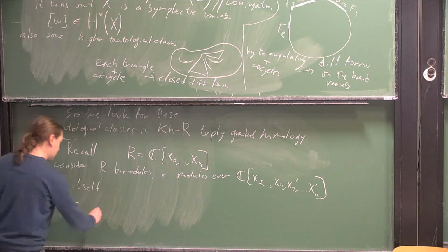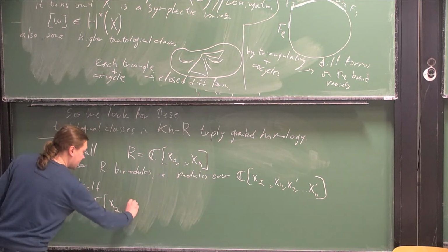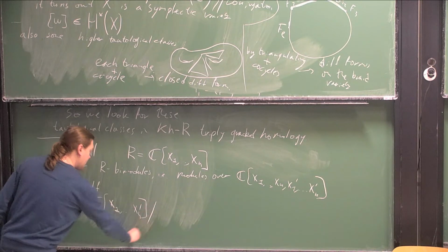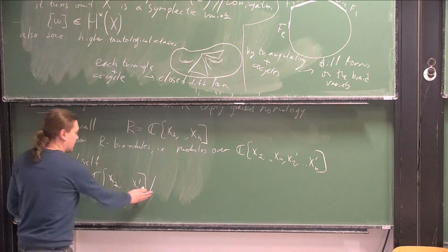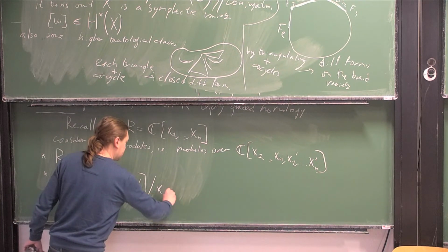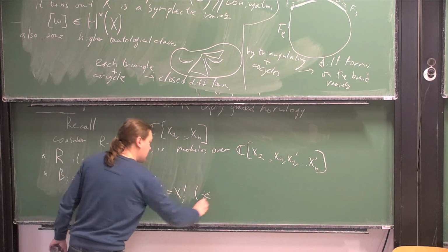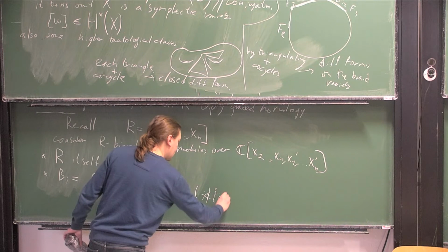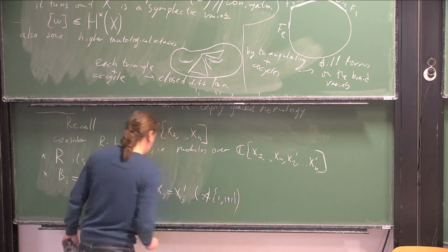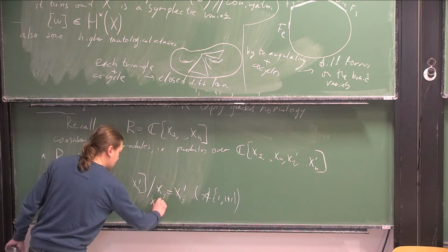This is given by, but you identify, J is not. We identify variables except one, but for I and I plus one, you only identify symmetric functions.